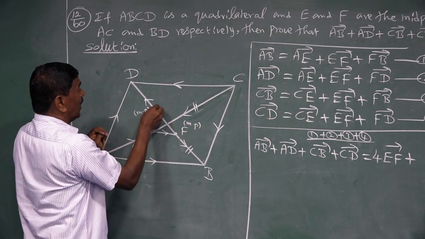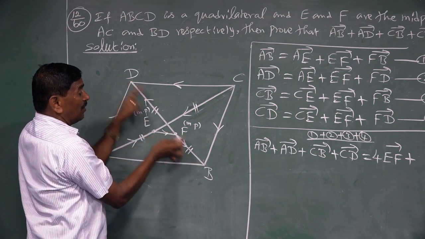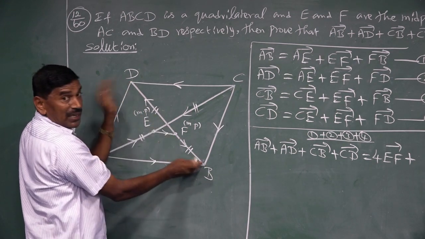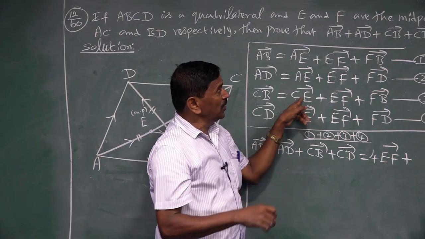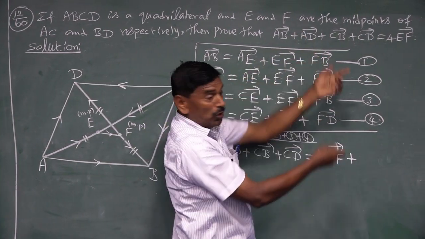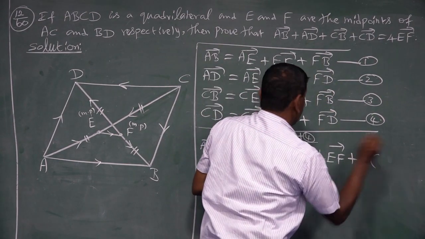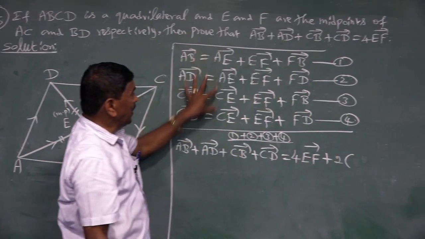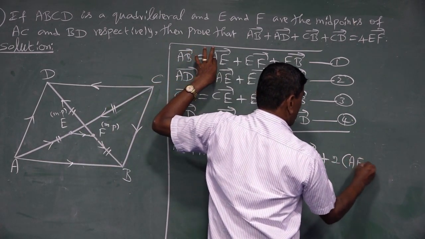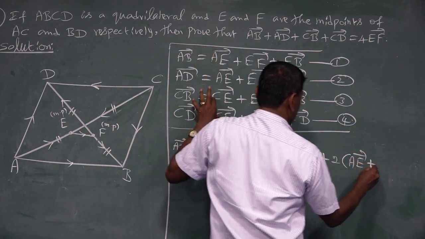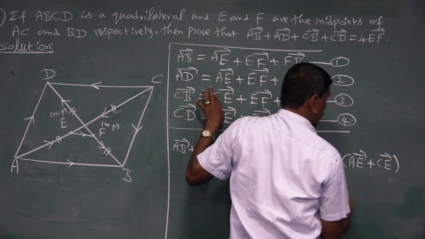So I want to group: AE vector and CE vector, one group; FB vector and FD vector, one group. Now listen, twice AE, twice CE, where 2 is common. So twice of AE vector plus CE vector, which is one group.